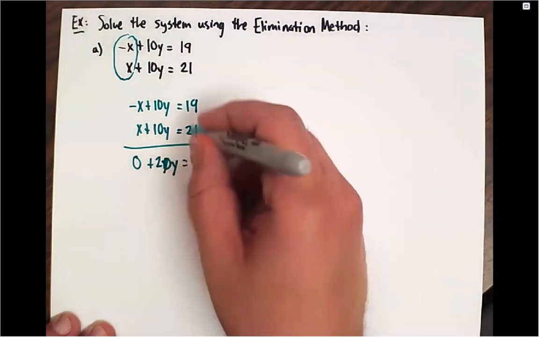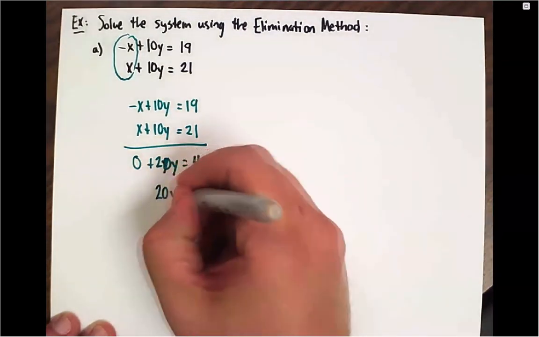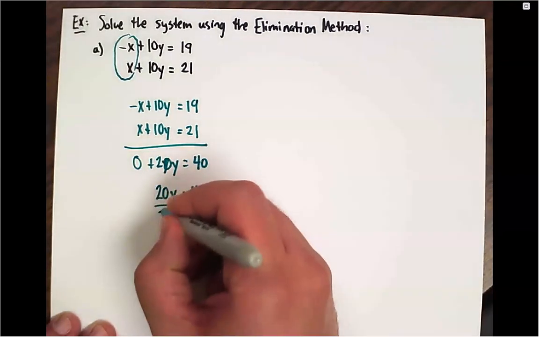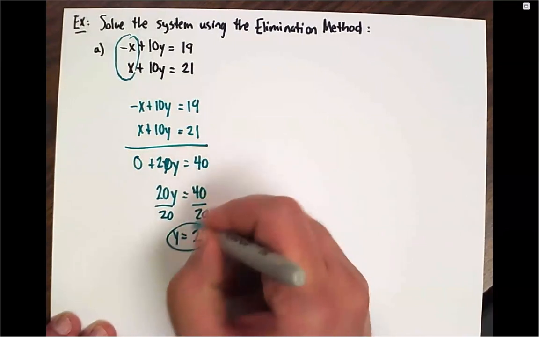And 19 plus 21 is 40. So I end up with an equation 20y equals 40. I eliminated x by adding. And then if I divide both sides by 20, y is equal to 2.